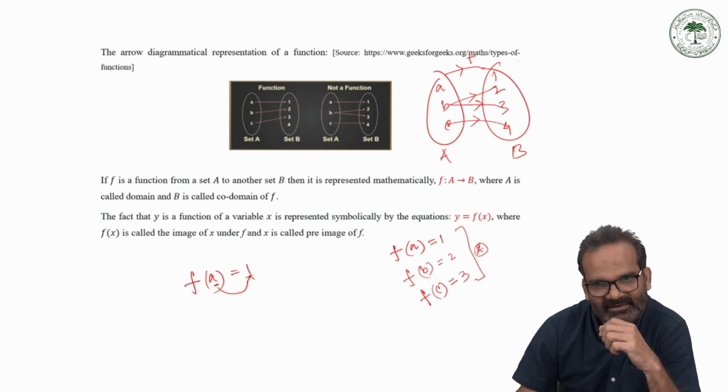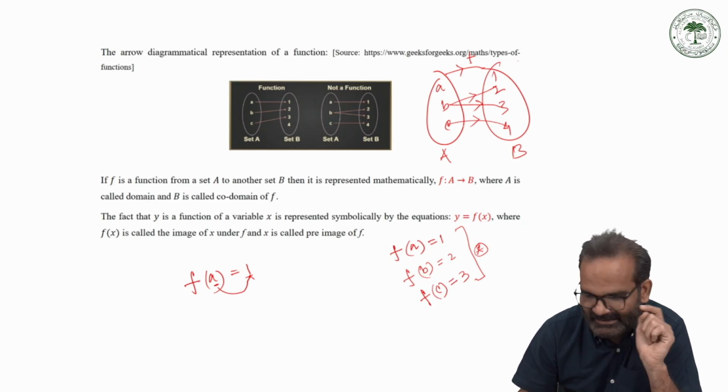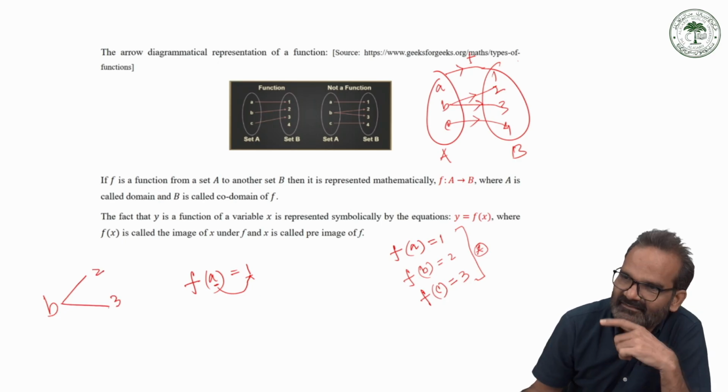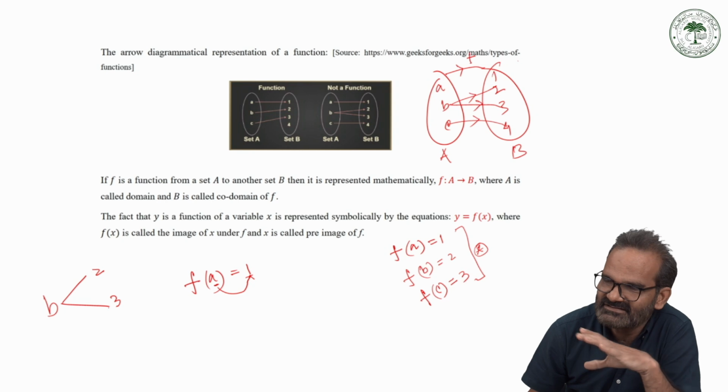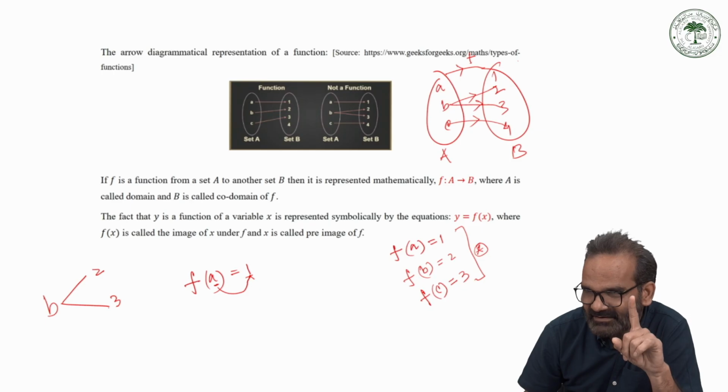But what is the requirement? The requirement is that every element of the first set must have only one output, only one image. But look here carefully. The element B has two images, 2 and 3. This is not possible in the case of a function.